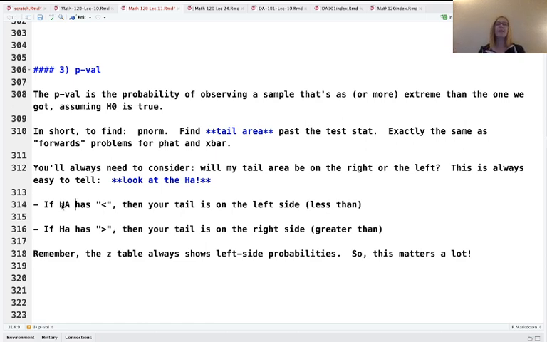Your notion of extreme is smaller. You're looking for evidence that it's smaller. So that's over on the left side. On the other hand, if your alternate hypothesis has greater than, that means you're looking for bigger values. Those happen over on the right side.